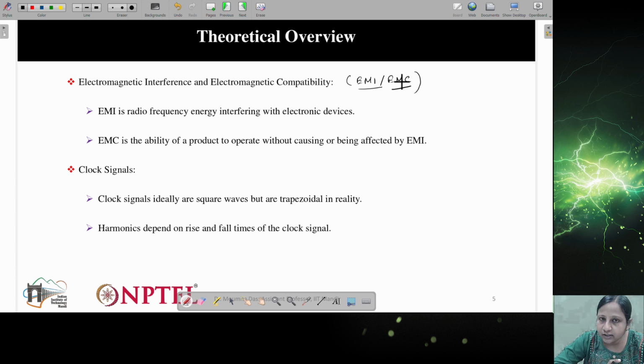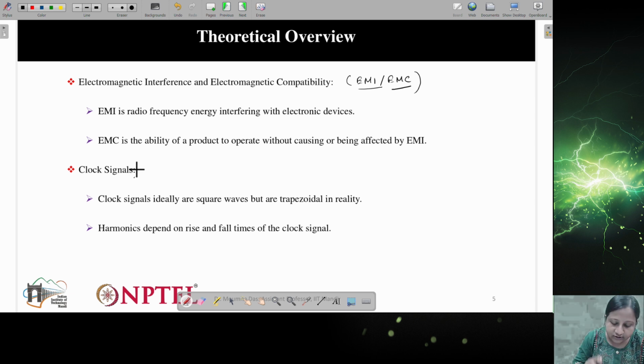If it is okay, then fine. Otherwise, we have to design a filter in order to reduce the noise due to EMI. This filter, as I discussed earlier, will be in terms of LC. So there can be decoupling capacitors in multiple places, or ferrite beads, or combinations of decoupling capacitors and ferrite beads.